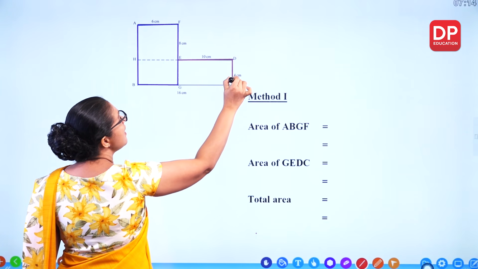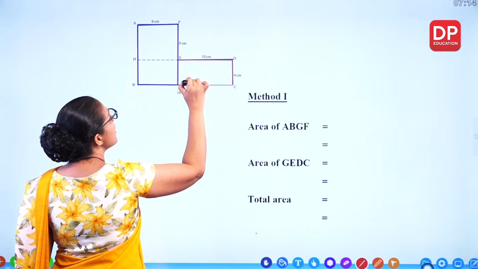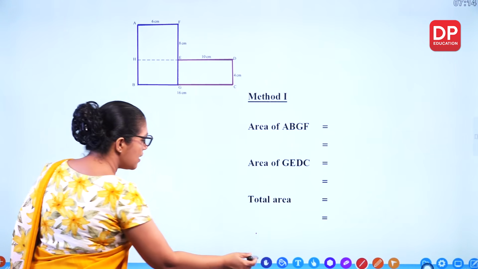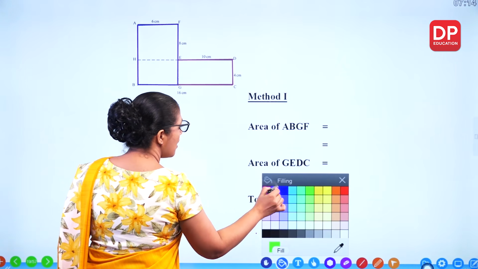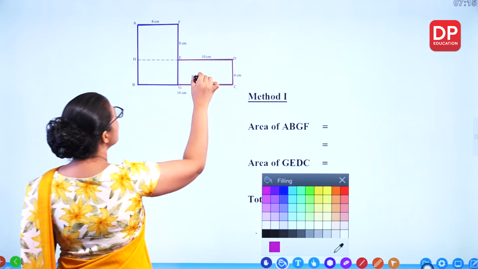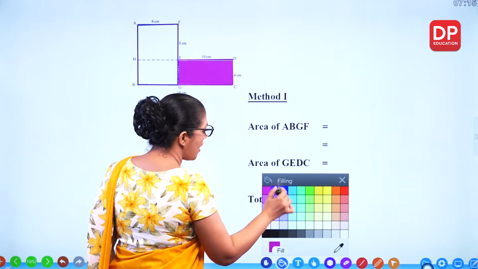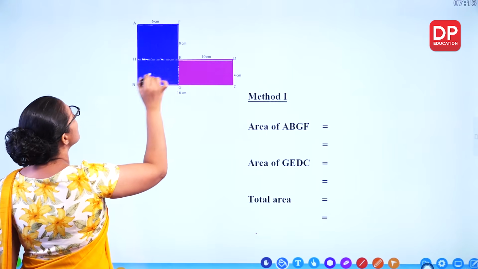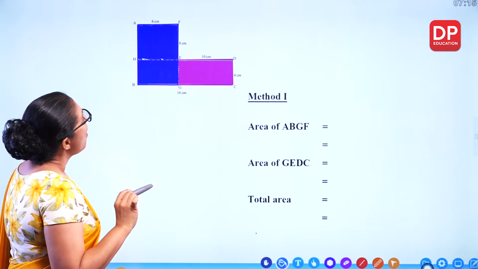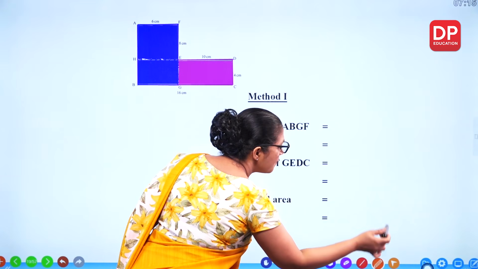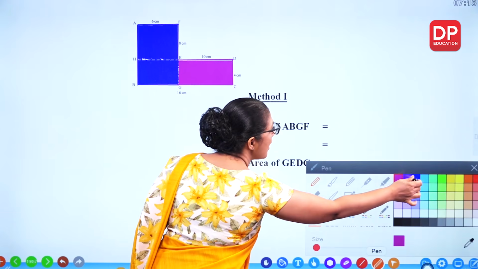And then add them together. That's how we can find the area of the composite figure. So you find this area and you find this area. How can we find the bigger area, the blue color one? We'll do the blue color one first.